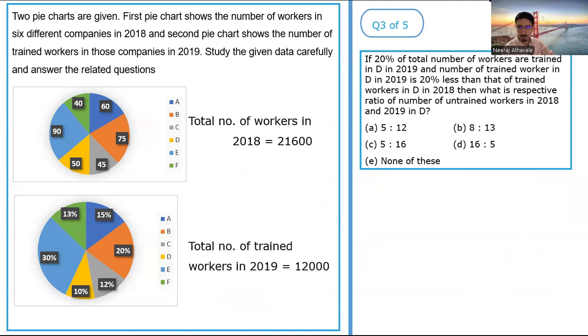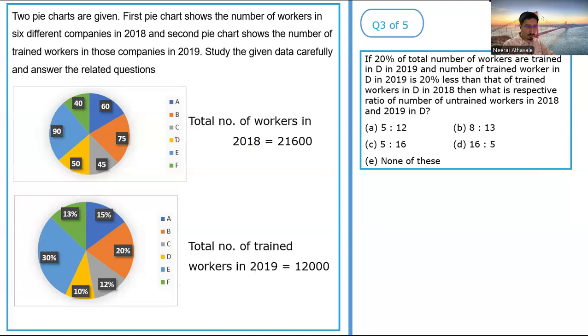If 20% of total number of workers are trained in D in 2019 and the number of trained workers in D in 2019 is 20% less than that of trained workers in D in 2018, then what is the respective ratio of number of untrained workers in 2018 and 2019 in company D? Okay.